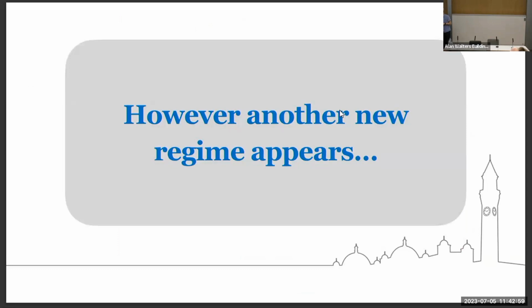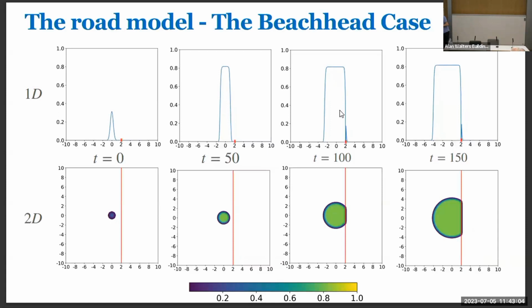But we also now see a new regime appear in the problem, which we've labeled the beachhead case, where the population density has managed to spread in front of the road, but due to these negative growths for low population densities, it actually remains stable in front of the road. It would go on and continue to invade the domain on the left side of the road where it was present to begin with. But in front of the road, it's just this stable, small population density.